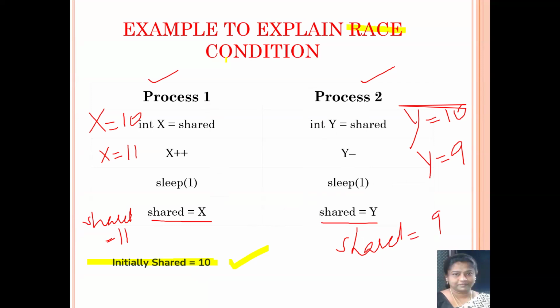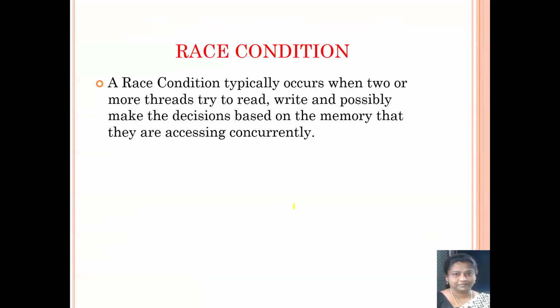So the conflict that we just explained is called the race condition. When we want process synchronization to exist, we should not have a race condition. Race condition typically occurs when two or more processes try to read, write, and possibly make decisions based on the memory that they are accessing concurrently.